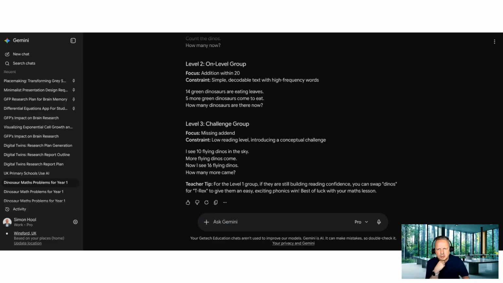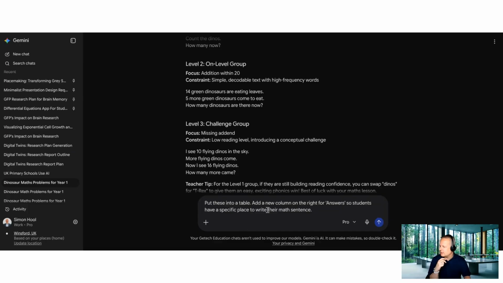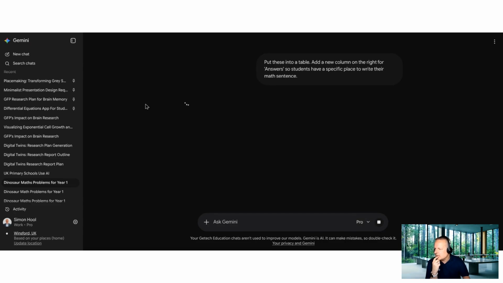So now I've got this, I want to be able to take these problems and put them easily into a worksheet. So I'm going to ask Gemini now to put these into a table and add a new column on the right for answers so that students have a specific place to write their maths sentence. So we can just ask Gemini to go ahead and do that.